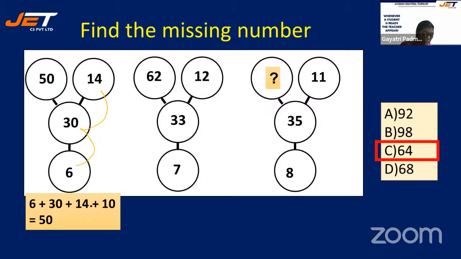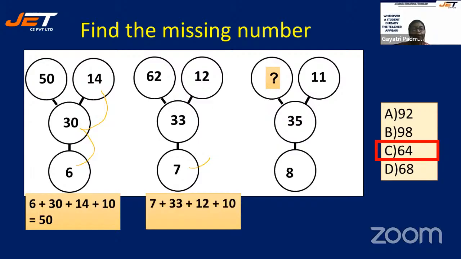Okay. Now see here, 7 plus 33 plus 12. So 33 plus 12 is 45. 45 plus 7, 52, plus 10 will give you 62.